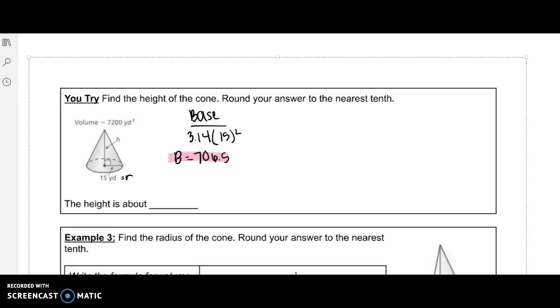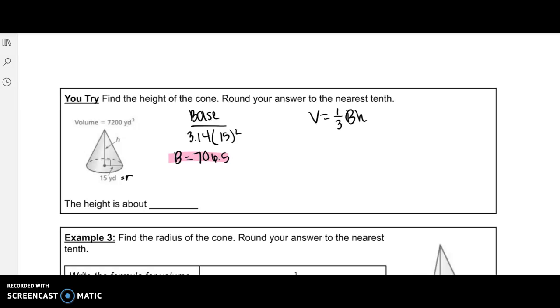So now we're going to plug that into our volume, which is volume equals 1/3 the area of our base times our height.